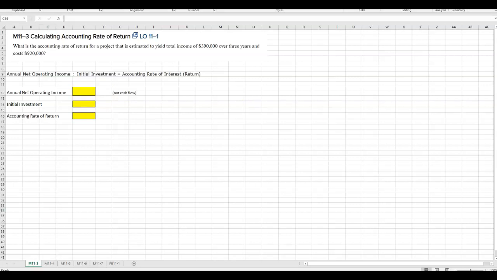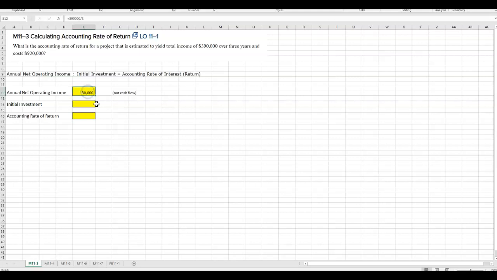So this is supposed to return $390,000 over 3 years, and it costs $920,000. But we want the annual net operating income, not the 3 years. So we're going to take the $390,000 and divide it by 3.